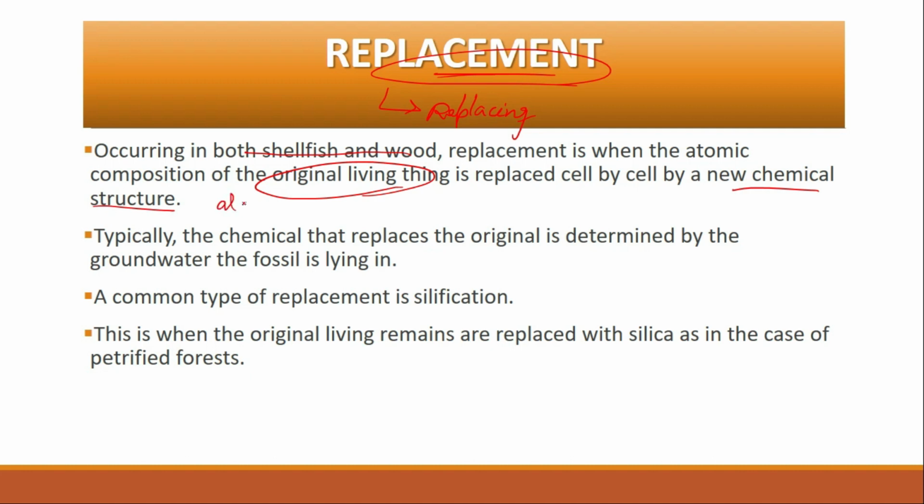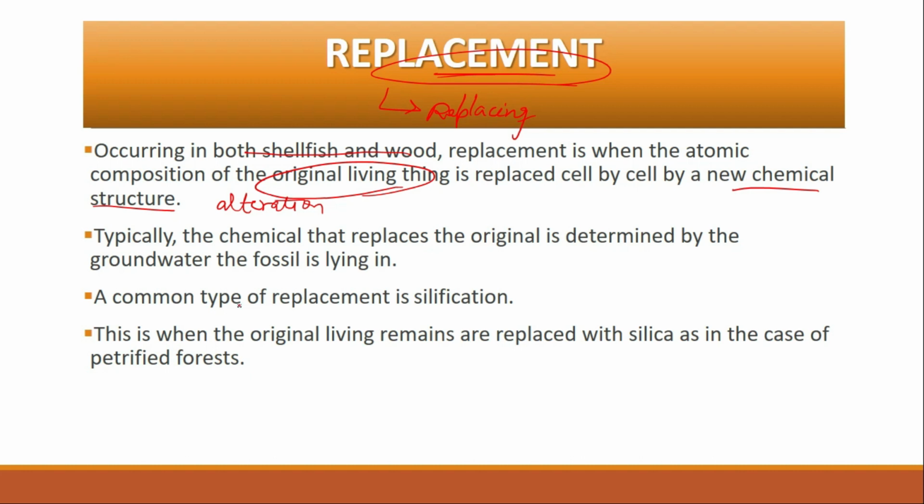See, alteration is taking place. The chemical composition itself is getting changed. So replacement is taking place in the atomic composition of the original living thing, and it is replaced by a new chemical structure. The organic structure is replaced by an inorganic substance.